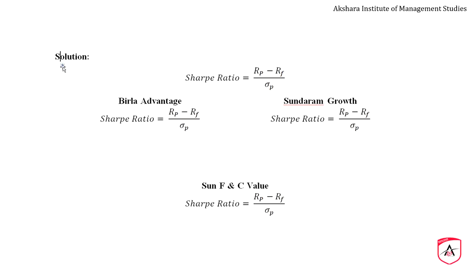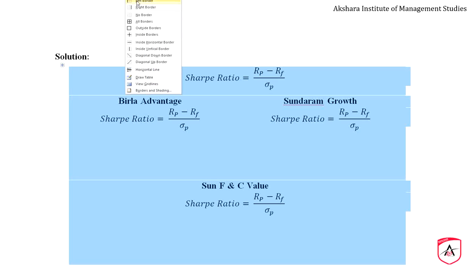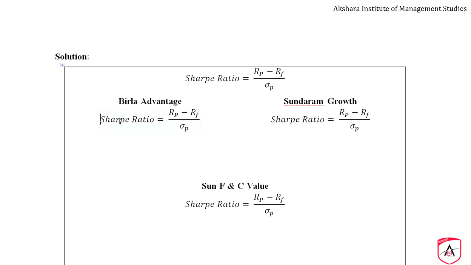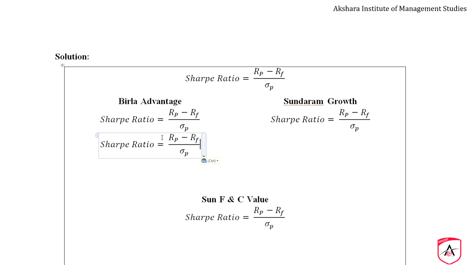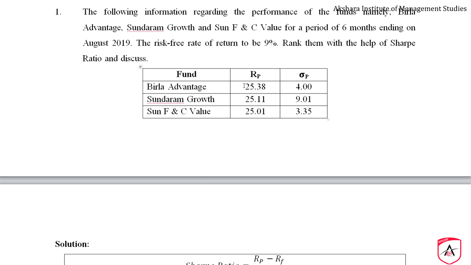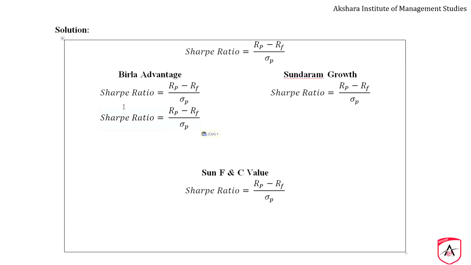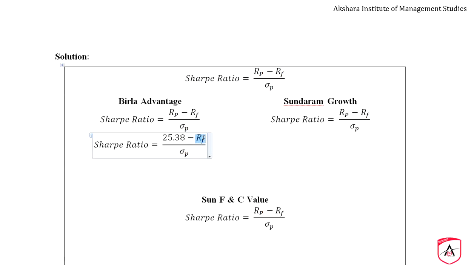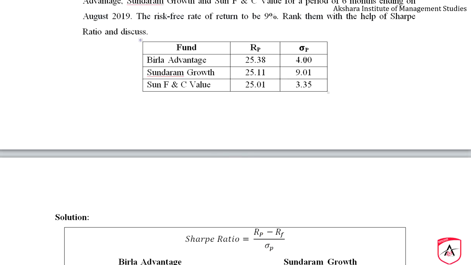What we have to do is substitute the values into this formula and then calculate. Let us calculate this one by one. Return on portfolio of Birla Advantage is 25.38. Risk-free rate of return is 9%. Standard deviation P is 4.00.